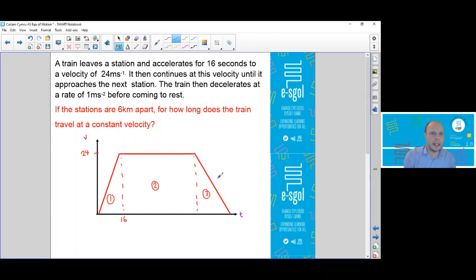We also know that in section 3, the acceleration, or deceleration, is minus 1 meter per second squared. And then we've got this extra information here, which I haven't done anything with yet. The 2 stations are 6 kilometers apart. And that tells me that the total area of all 3 parts is 6,000 meters. Remember, we need to be in SI units.